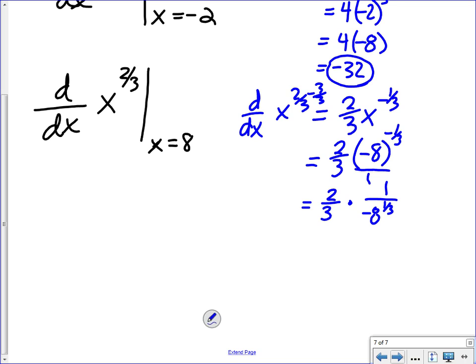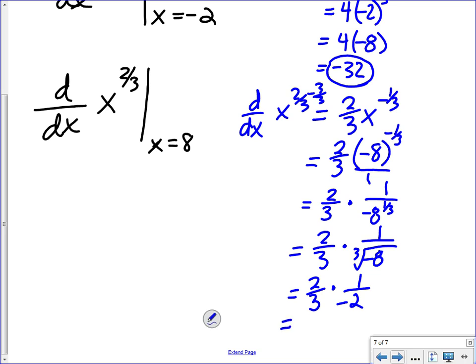Okay, now remember, your fractional exponents can be converted back to roots. So this becomes 2/3 times 1 over the cube root of negative 8. And if you're finding a cube root, you're thinking what number times itself equals negative 8? Well, that would be negative 2. So this becomes 2/3 times 1 over negative 2.